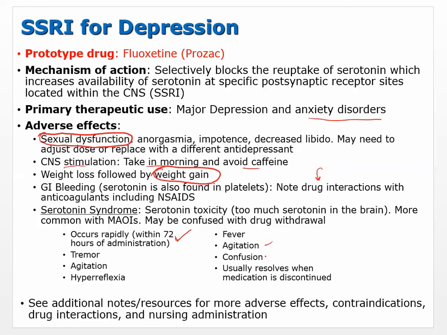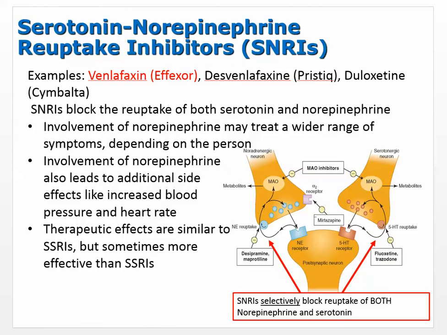Agitation again. Confusion. It usually resolves when the medication is discontinued. So if you stop giving the SSRI, it should alleviate itself after a while. However, there are antagonists you can give to stop it. There are benzodiazepines you can use to treat the symptoms, that kind of thing. All right.